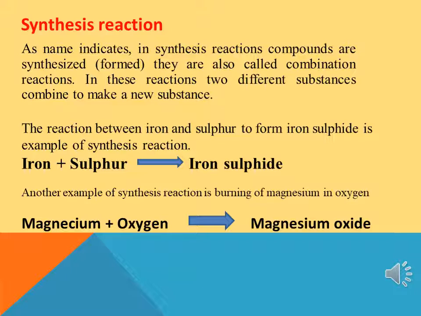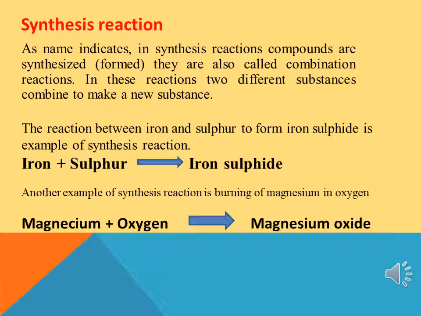I want to elaborate this type of reaction by giving 2 very simple examples of chemical reactions already discussed in previous lectures. The reaction between iron and sulfur to form iron sulfide is an example of synthesis reaction. Iron combines with sulfur to give iron sulfide. You can see 2 substances combine to synthesize a new substance.